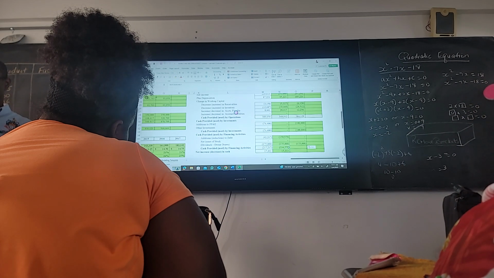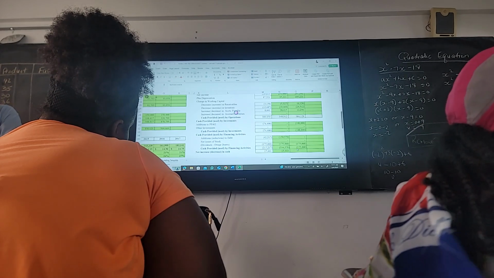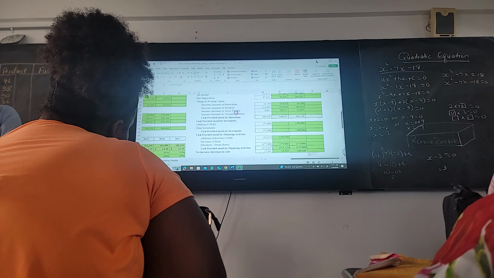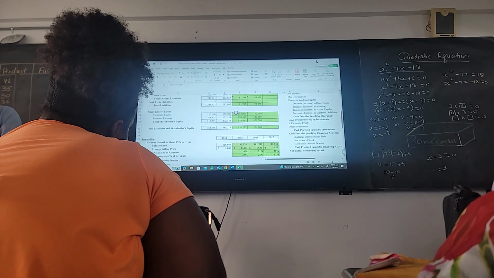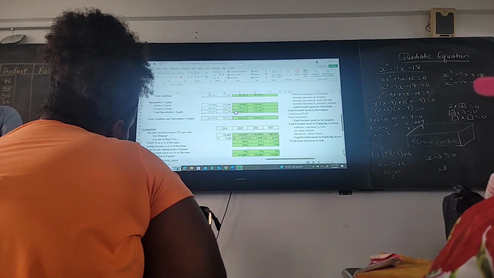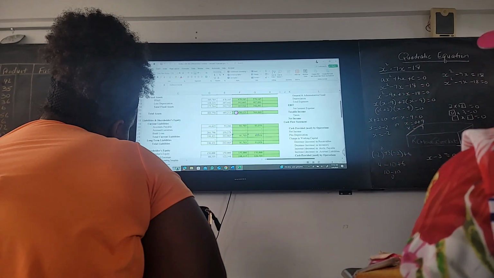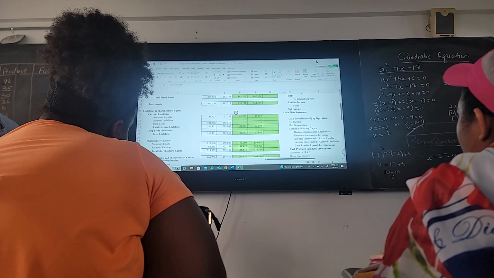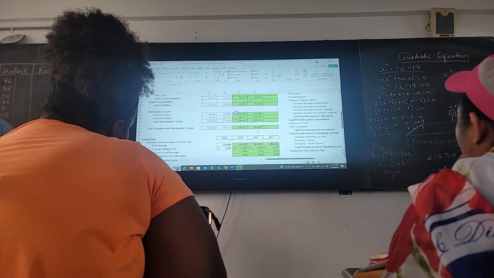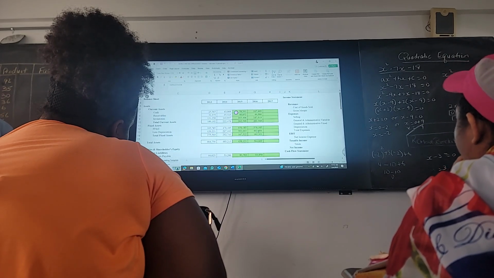Cash provided by negative 175. No change in cash. 10912. Okay, so our balance sheet now balances, 564, 669. Okay.